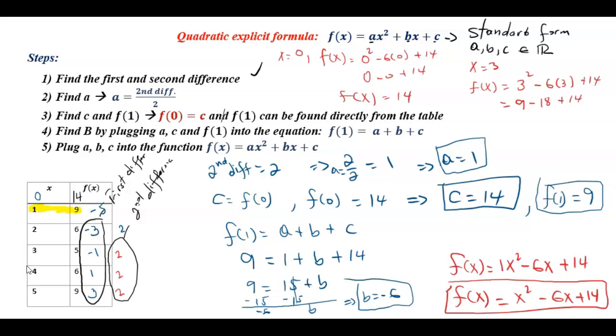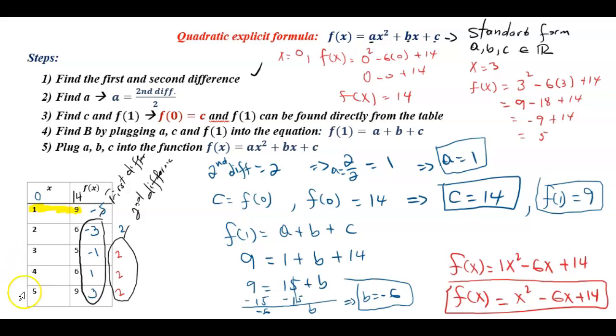All right, so 9 minus 18 is negative 9. Negative 9 plus 14 will be 5. So when x is 3, f of x is 5.